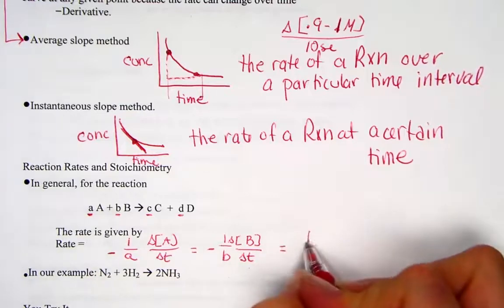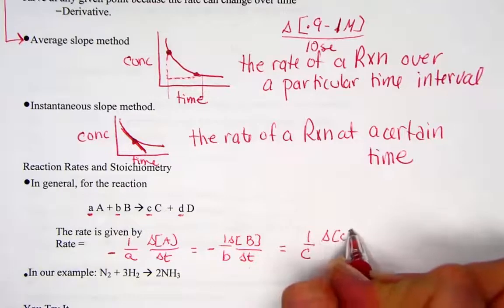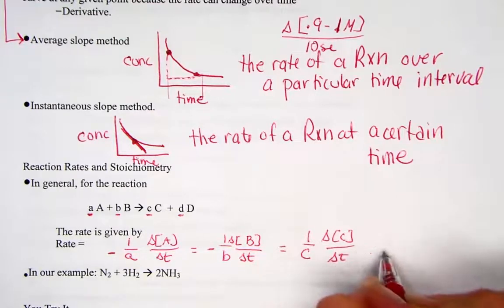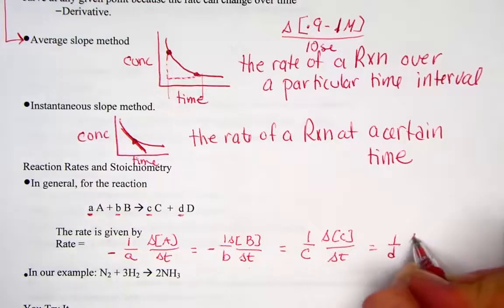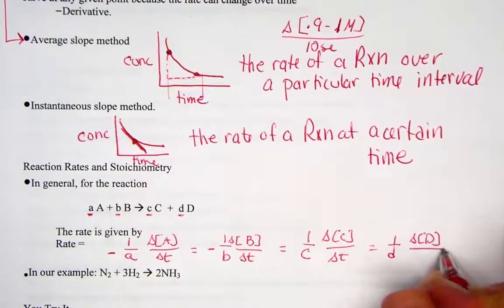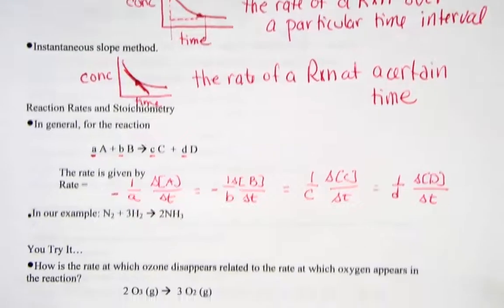Products up here will have a positive value: the change in concentration of C over the change in time, and 1 over little d, representing the coefficient, times the change in concentration of D over the change in time. So stoichiometry ends up saying we're looking at the ratio at which reactants disappear compared to products as they appear. Let's take a look at a real example.